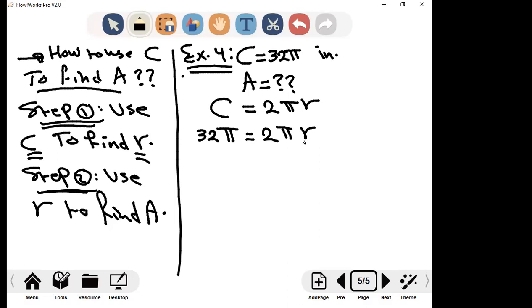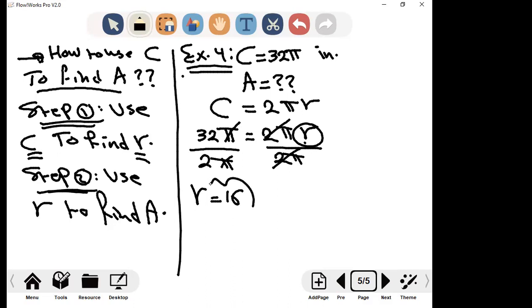What's the coefficient of r? 2 pi, not 2 alone. So I will divide both sides by 2 pi. 2 pi with 2 pi cancel, pi with pi, then 32 divided by 2. I found r, which is 16.